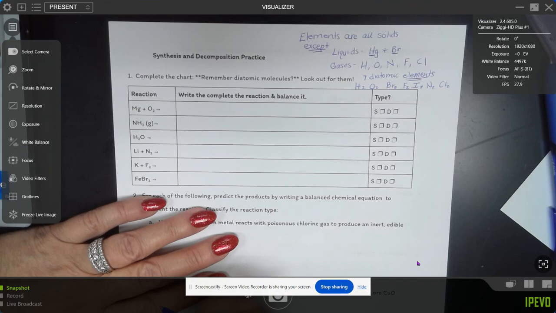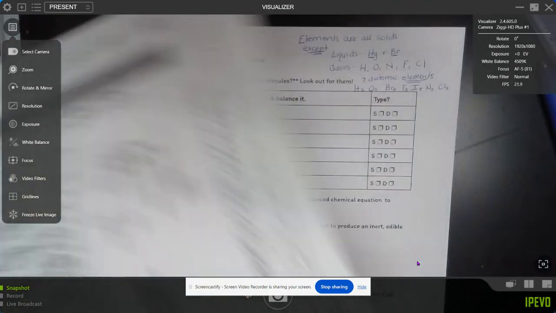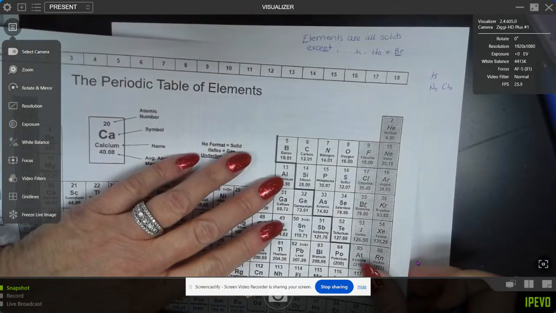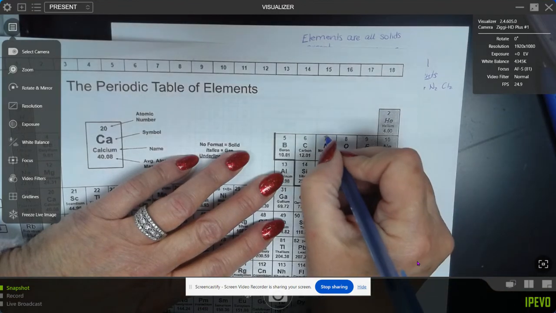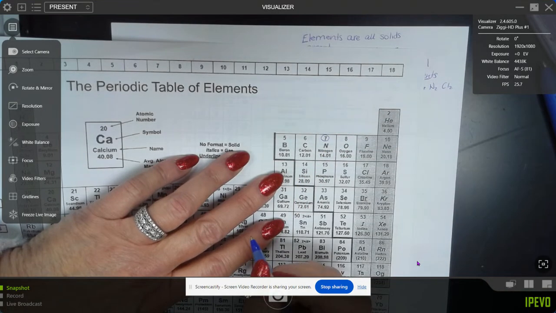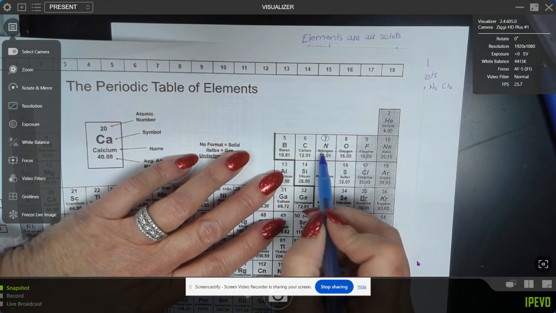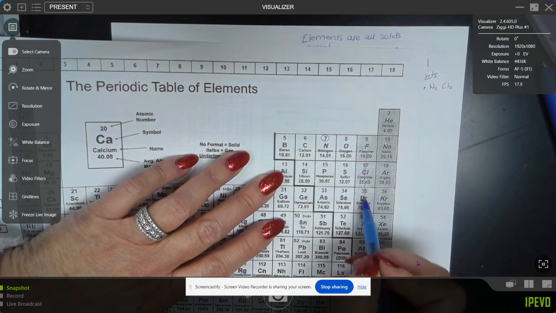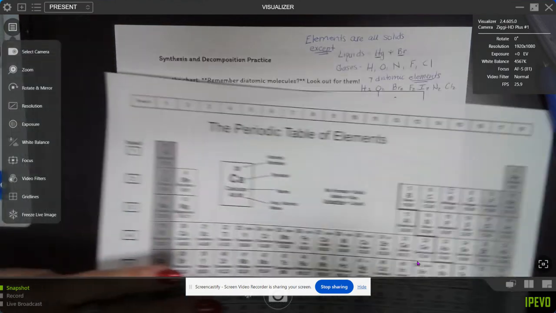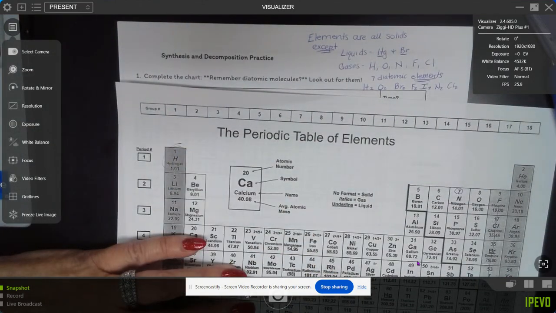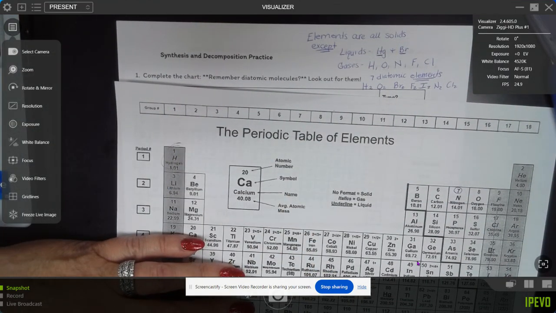Remember Hoberfinkel. If you don't like Hoberfinkel, there are 7 diatomic elements. If you start at nitrogen, which is element number 7, and you make a 7: nitrogen, oxygen, fluorine, chlorine, bromine, iodine, that's only 6. So we have to remember that hydrogen is over here. It doesn't always end up where we need it.